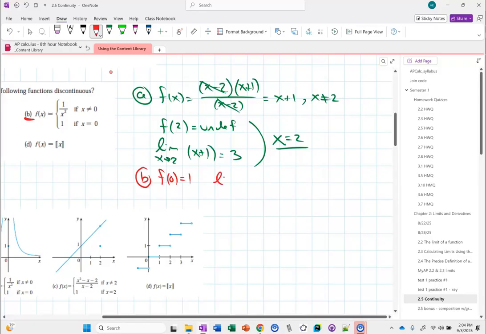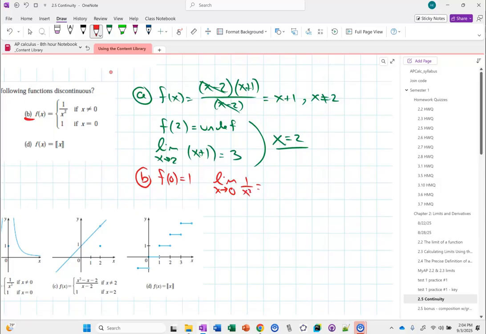Well, we've got to check what the limit as x approaches 0 of 1 over x is. When I plug 0 in for x, I'm going to get 1 over 0, right? Everybody agree?